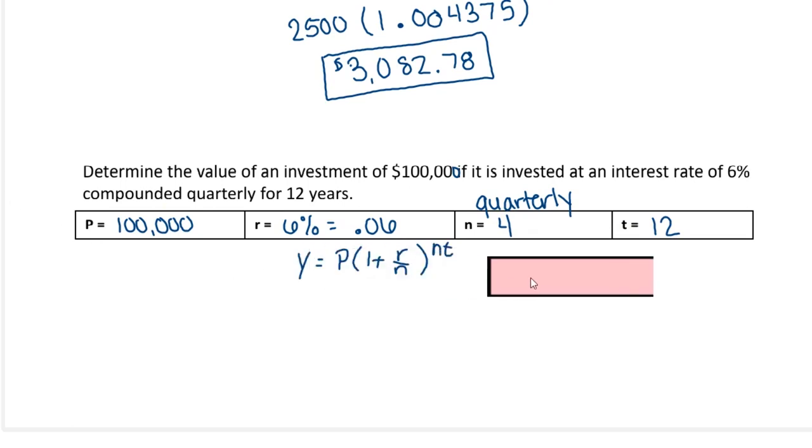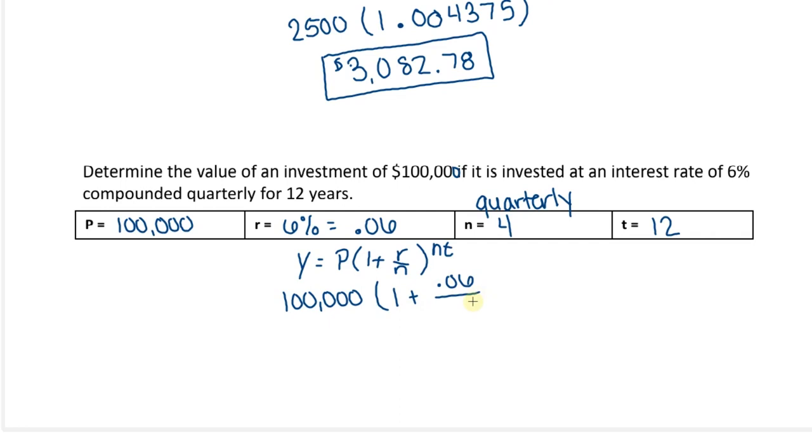Now using the same compound interest formula, substitute it in. 100,000 times 1 plus our rate, 0.06. Divide it by n, which is 4. Raise it to the n, which is 4, times 12. Now divide 0.06 divided by 4, 0.015.